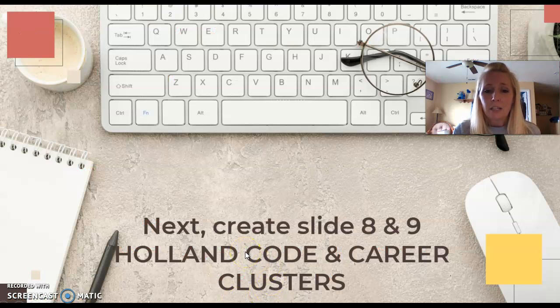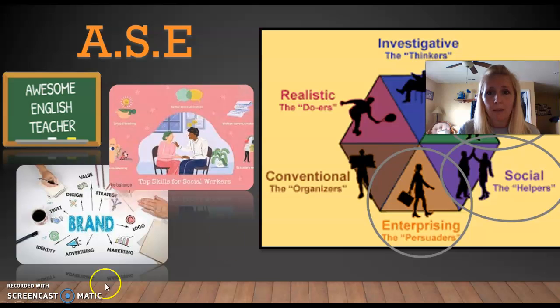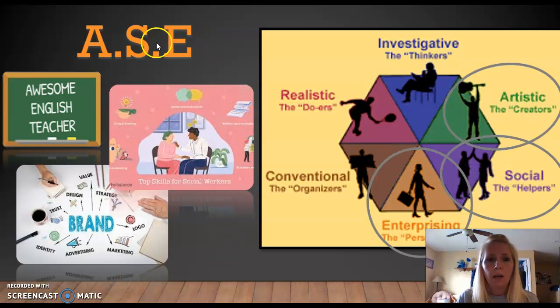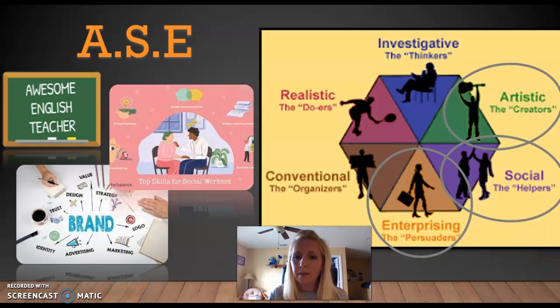Next, create your slides. You're going to work on slides 8 and 9, which is again your Holland code and your career clusters. This is Mrs. Holtman's. This is my Holland code, which I'm going to show you how I got here in a second. Mine is ASE, which is artistic, social, and enterprising. In a little bit more detail, these are known as the creators, the helpers, and the persuaders.